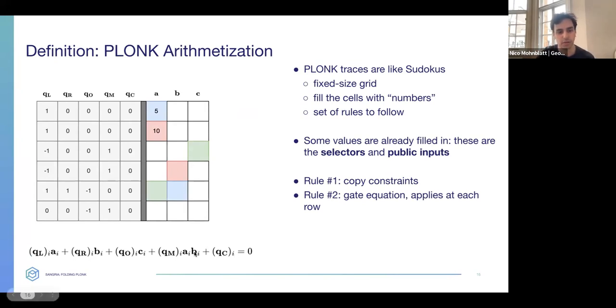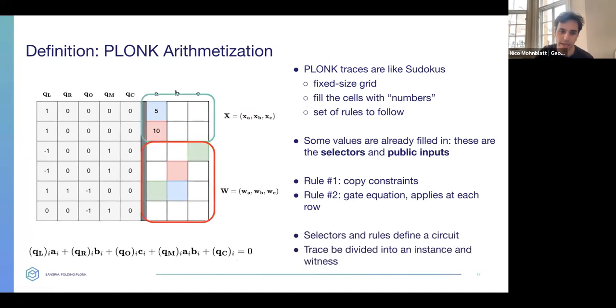And this rule or gate, however you like to call it, you can change and play around with, and that's what we call custom gates. The important part is the trace, the part on the right-hand side, is divided into a short instance part and a long witness part. The prover works with the long witness, and the succinct verifier will only look at the instance.